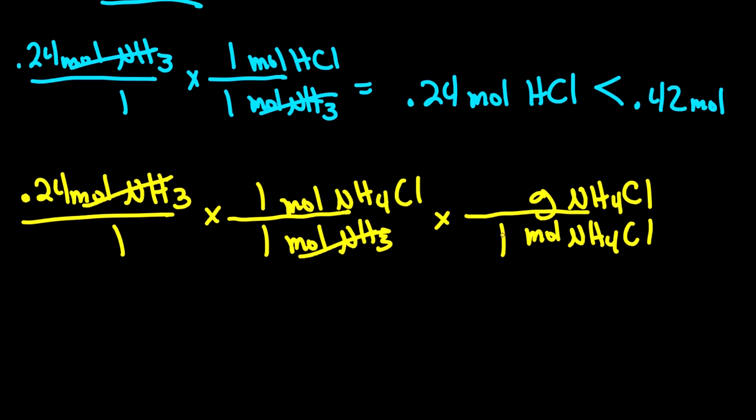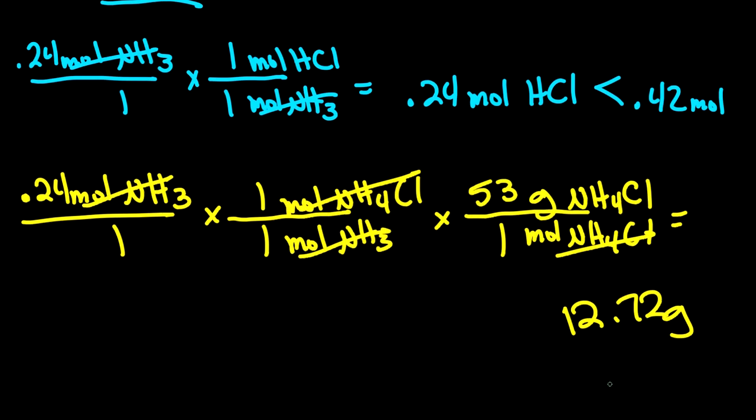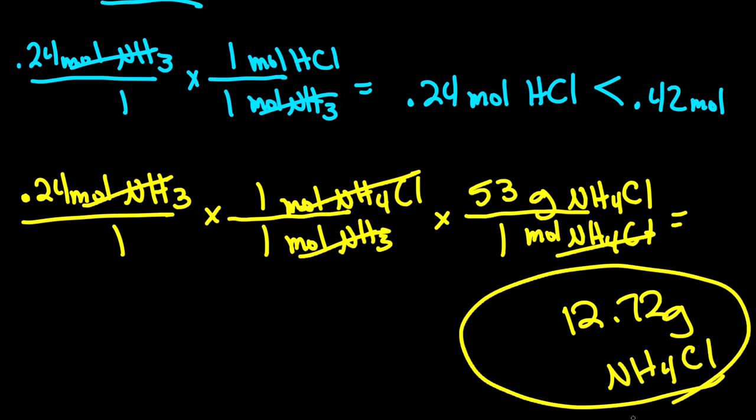So 35 plus 4 plus 14 gives 53 grams per mole. So this will cancel out. So 0.24 times 1 divided by 1 times 53 divided by 1 gives me 12.72 grams of NH4Cl, and there is our answer.